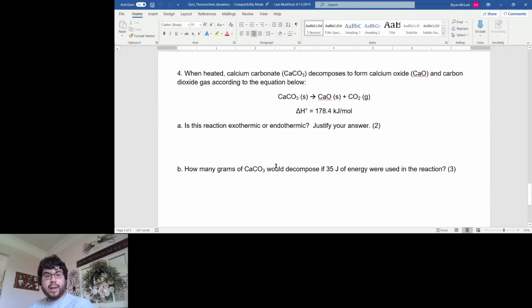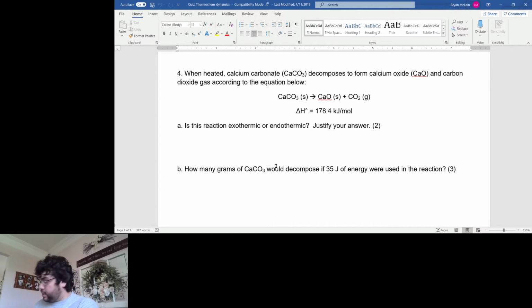It says when heated, calcium carbonate decomposes to form calcium oxide and carbon dioxide according to the reaction equation below. I'll write that down real quick. Calcium carbonate makes calcium oxide and CO2.